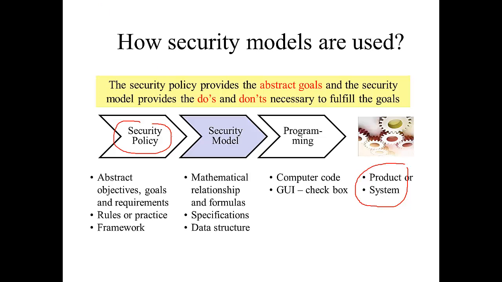After that, based on this security policy, you will develop some security model. Based on the security model, you will write some code, then realize this kind of security policy. Make a secure product or system.